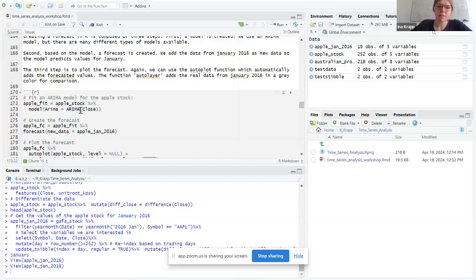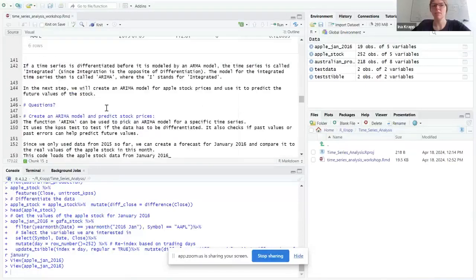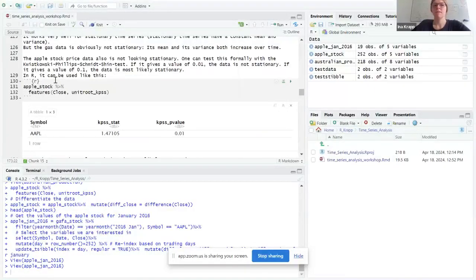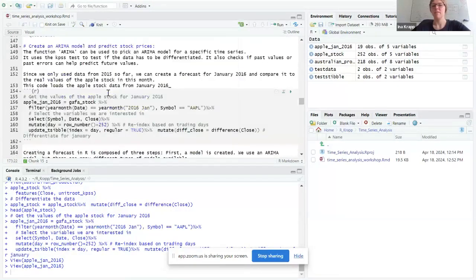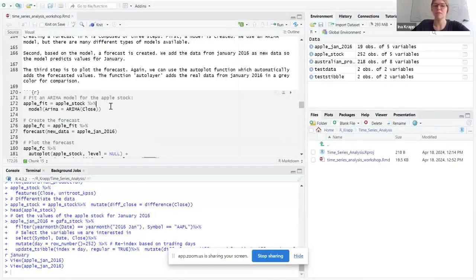And what this function does is that it simply creates an ARIMA model based on some statistical tests. For example, it uses the Kwiatkowski-Phillips-Schmidt-Shin test we used up here to determine if the data should be differentiated. If the test gives that the time series is most likely not stationary, then the data will be differentiated.